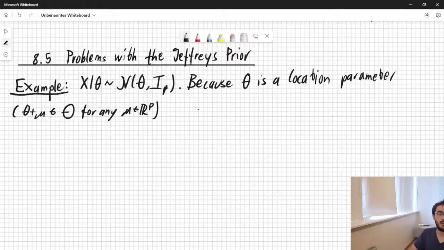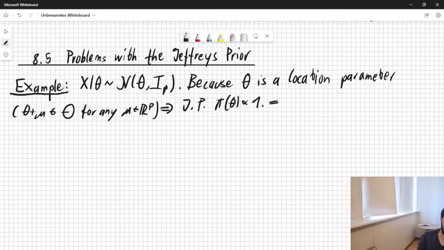We know that there's only one distribution, and since the distribution family doesn't change, if we add mu, theta plus mu has to have the same distribution as theta for every mu. So without any calculation, the Jeffrey prior must be the uniform, or at least proportional to the uniform. This is an improper prior anyways.